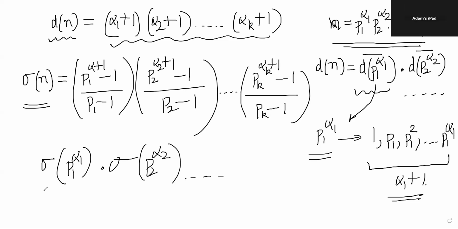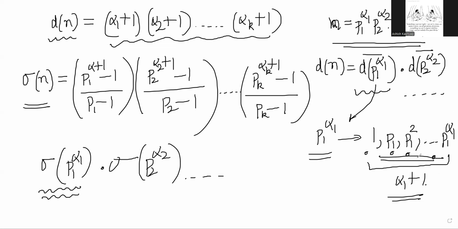And if you have to do that, what are the divisors? These are the divisors. We have to find the sum of these, right? The sum of these is a geometric series. You know how to do the sum of a geometric series, right? I hope everyone knows how to do 1 plus 2 plus 2 squared up to 2 power alpha 1, suppose. The number of terms here is alpha 1 plus 1, right?